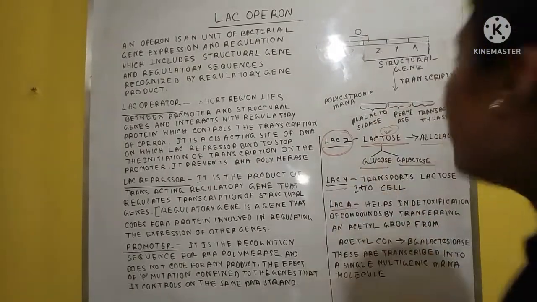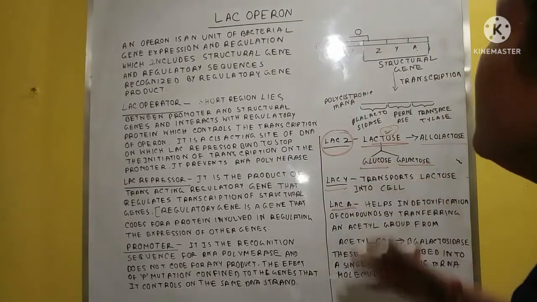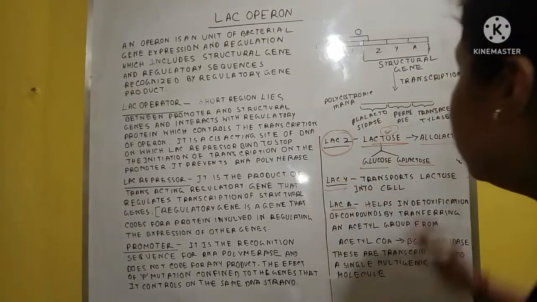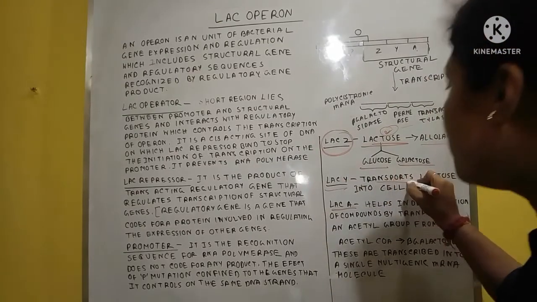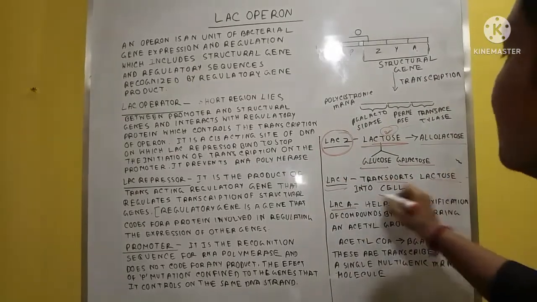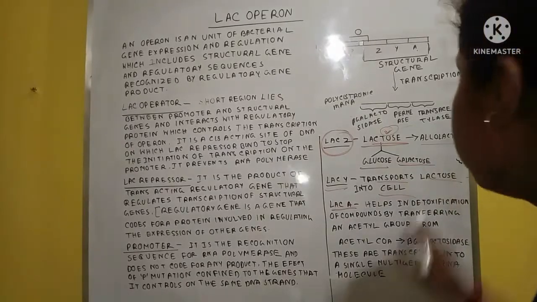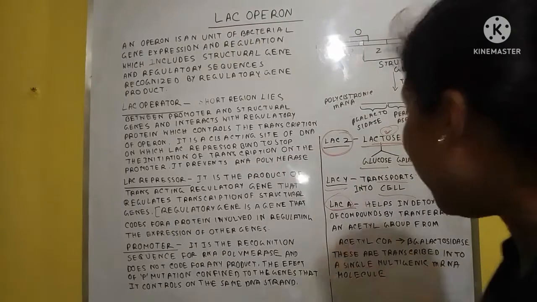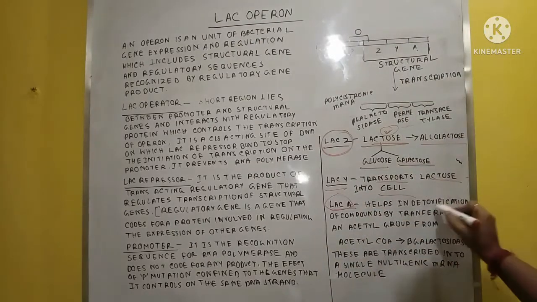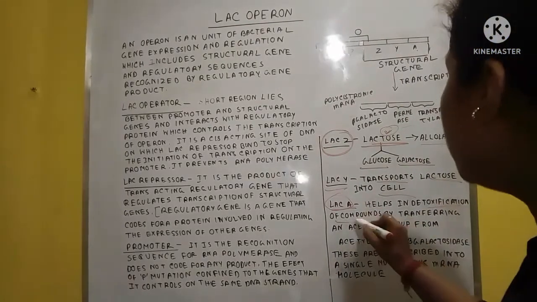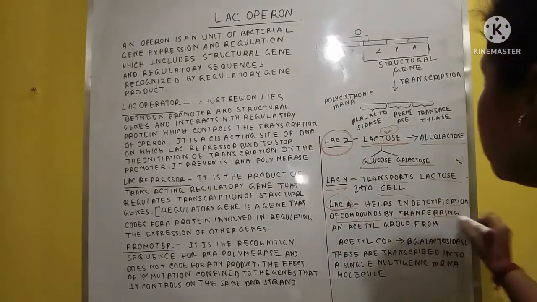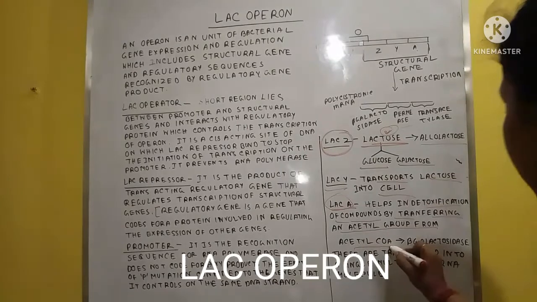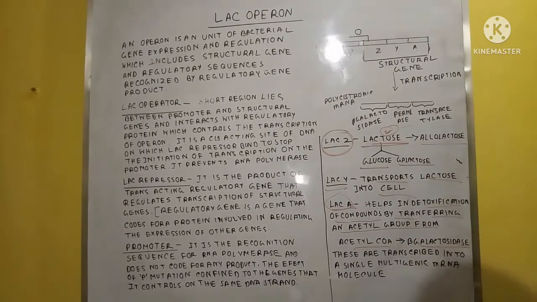Now the function of Lac Y: it encodes the enzyme permease, and its function is to transport lactose into the cell. And the third gene, Lac A, helps in detoxification of compounds by transferring an acetyl group from acetyl CoA to beta-galactosidase.